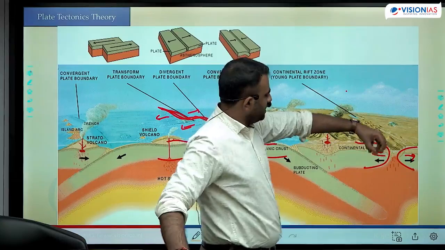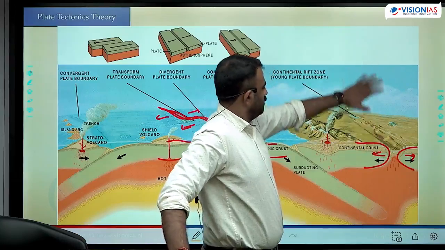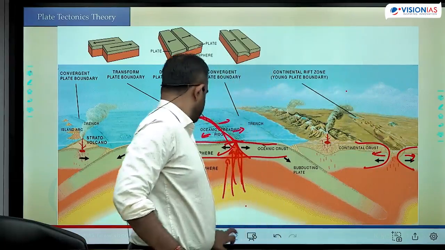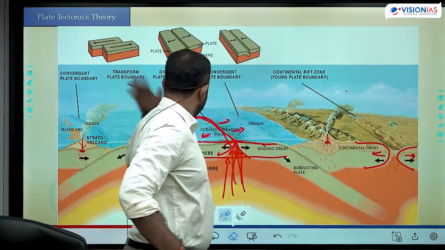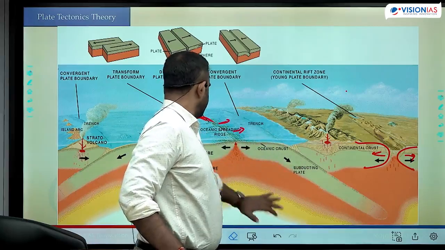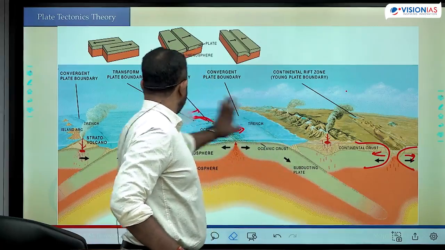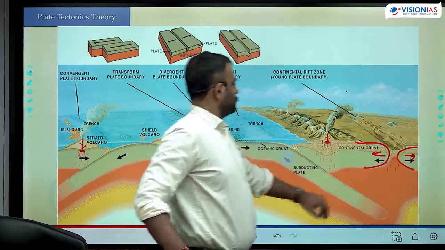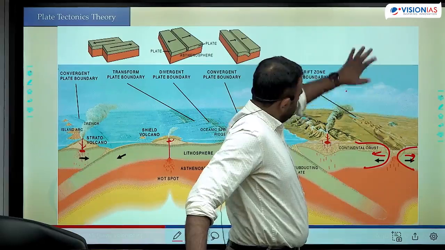So you will see a continuous series of transform faults and other types of faults which we call the Rift Valley. This is completely Rift Valley.